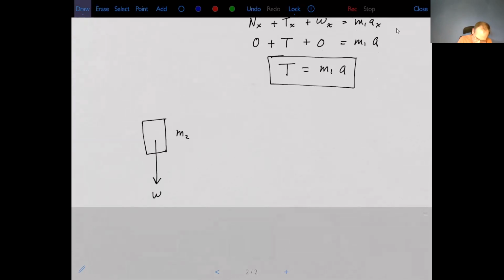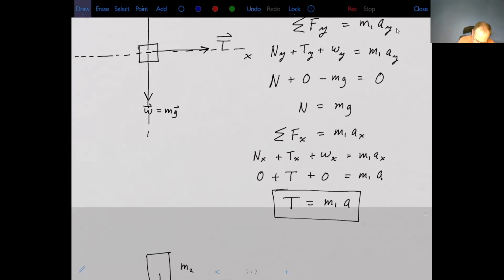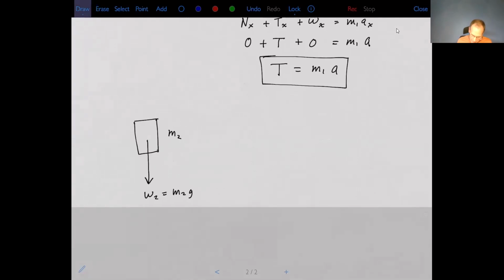So I'll call this W2 is equal to m2 g. I guess up here I really should have written, this is W1, is m1 g. So W2 is equal to m2 g. And then the only other force acting is the tension, which is acting up.